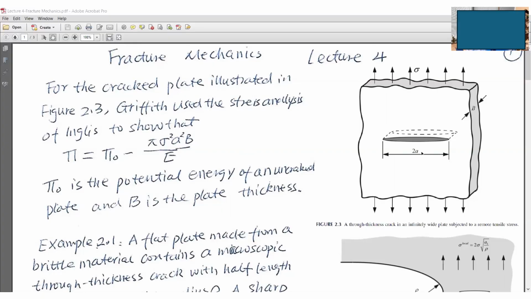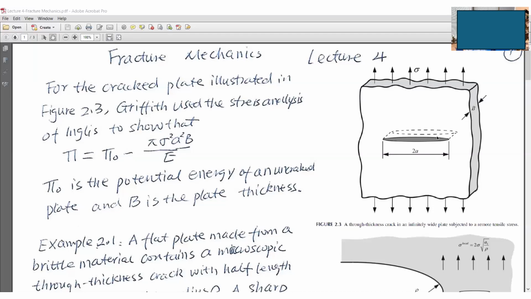Uncracked means suppose there is no through thickness crack here. Then this body would have Pi 0 as its potential energy. For the cracked body, we can use this equation to denote its potential energy.